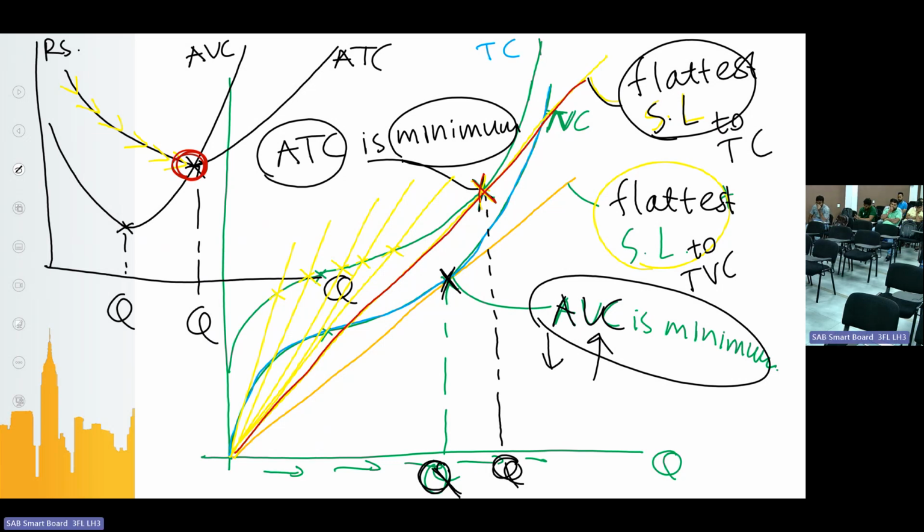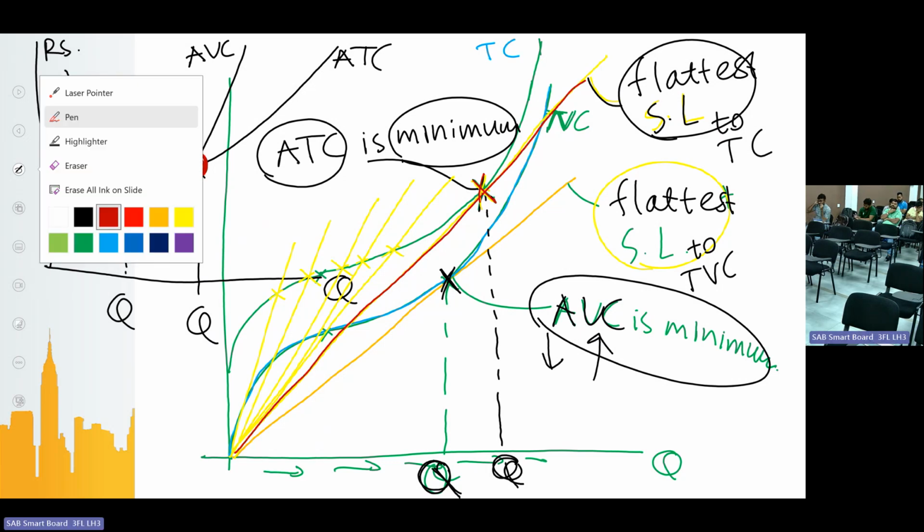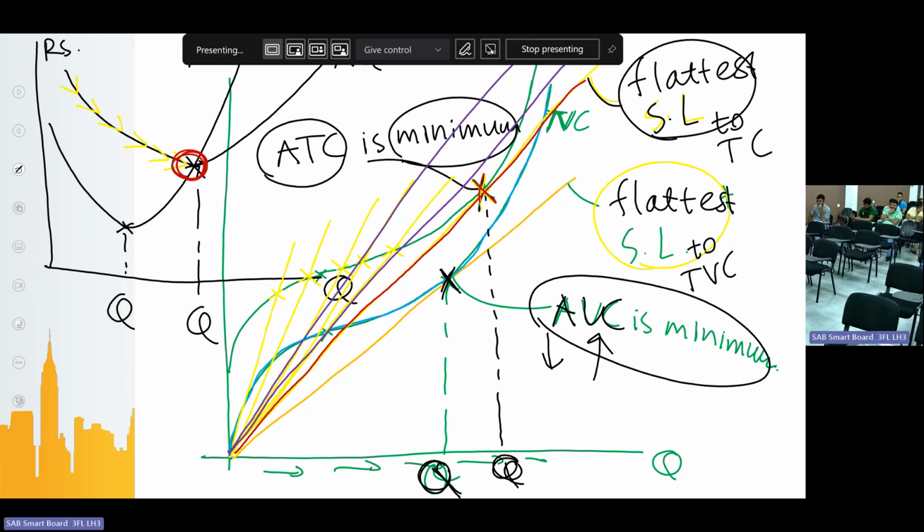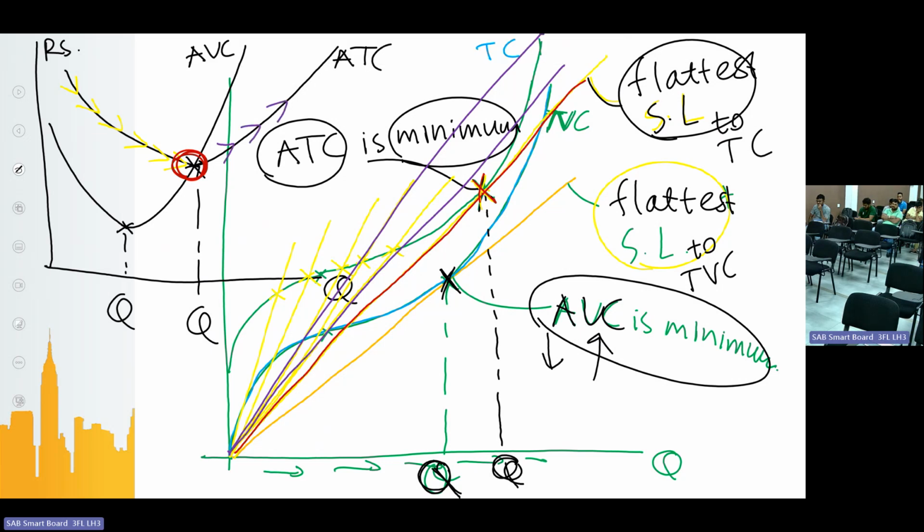And after that flattest straight line, when we draw straight lines further, you see they are getting steeper and steeper. That means ATC is increasing.